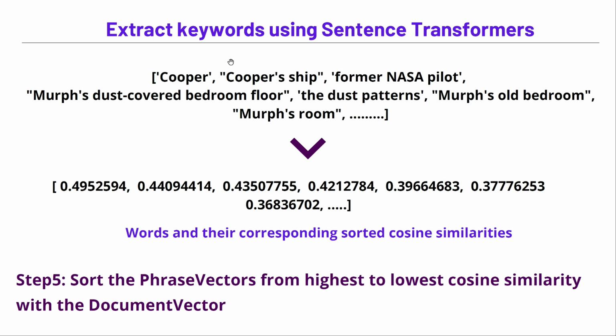But we do see that there are a lot of redundancies here, because probably from Cooper and Cooper ship we just want to keep one keyword, and from Murph's dust covered bedroom floor, the dust patterns, Murph's old bedroom, Murph's room, out of these probably we just want to keep only one, because there are almost 3 references to Murph's bedroom or room, and maybe we just want to keep only one from that.